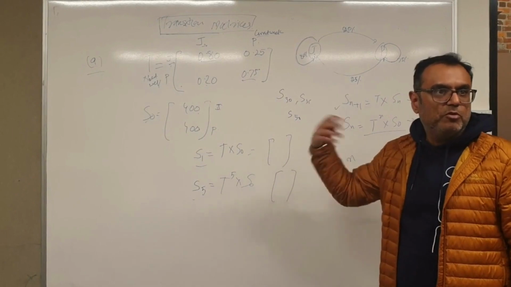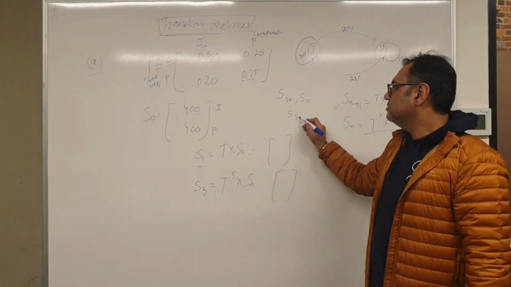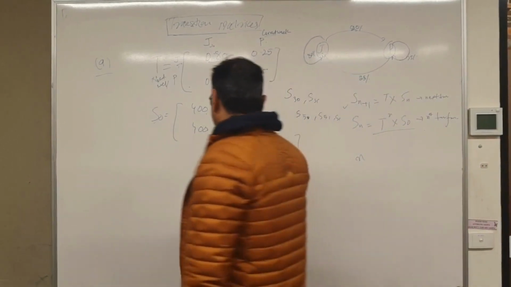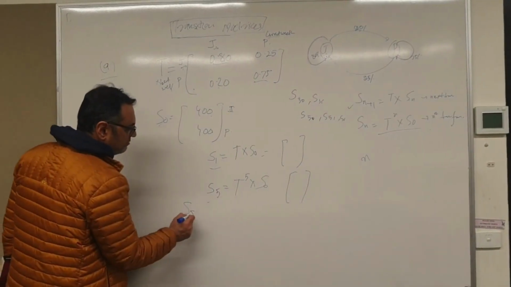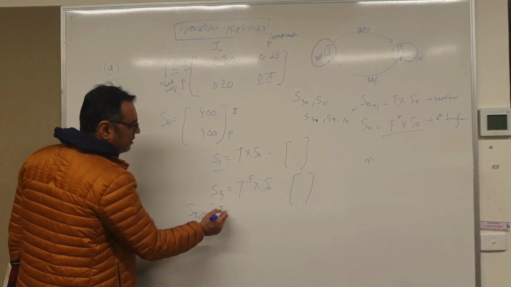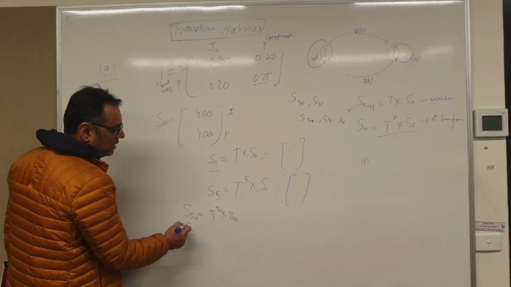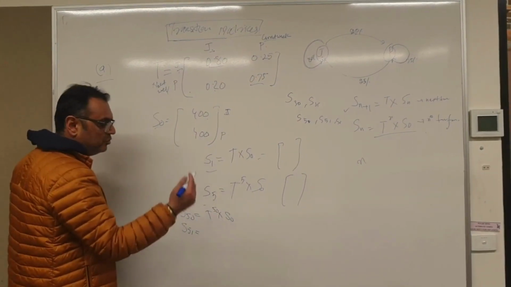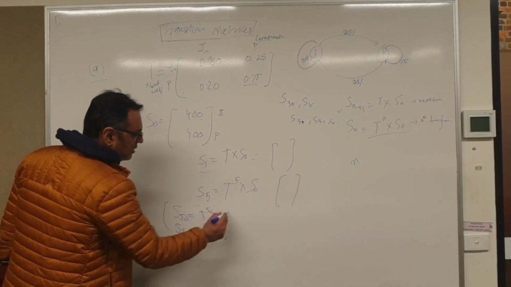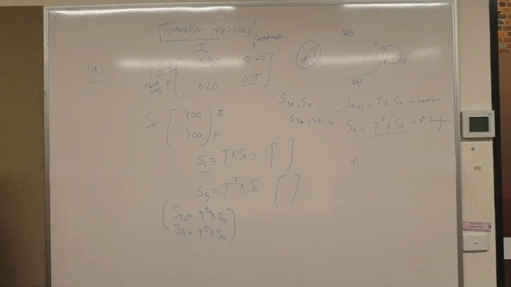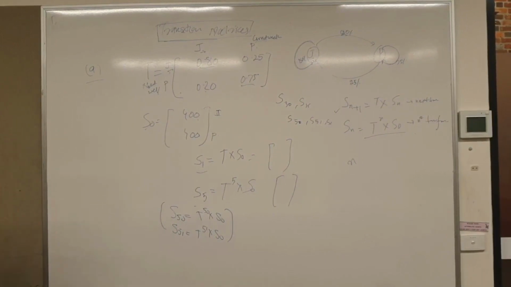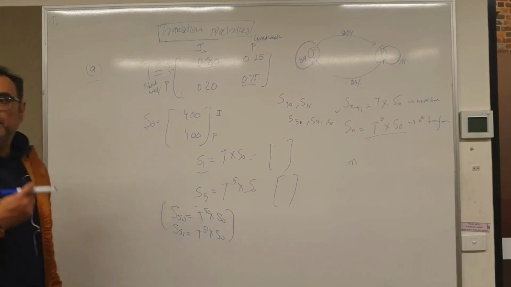There's no limit to it, it's your choice. If I were to find S50, I'll say S50 equals T raised to the power of 50 times S0, and I'll find S51. I'll find the two consecutive, and what I'll observe is that the numbers won't change much. Whatever those numbers are, I approximate those values and plug the answers in.